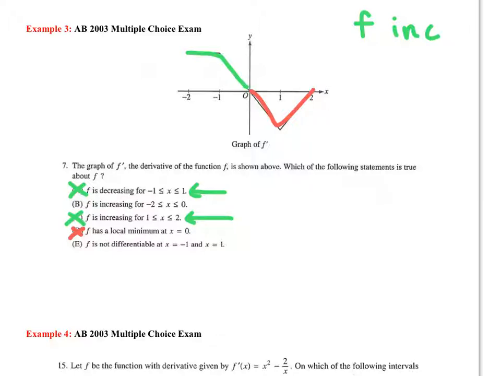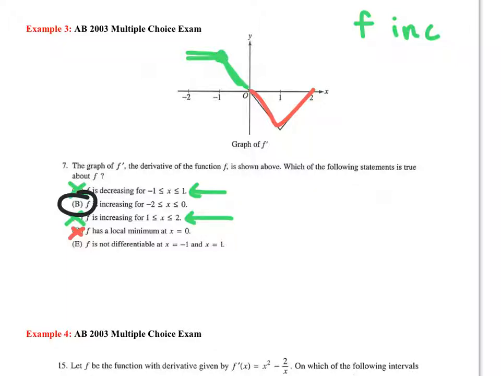But B, let's look at B for a second. f is increasing from -2 to 0. I like that because the derivative is positive on that interval. Okay, E is incorrect because a derivative does exist, right?